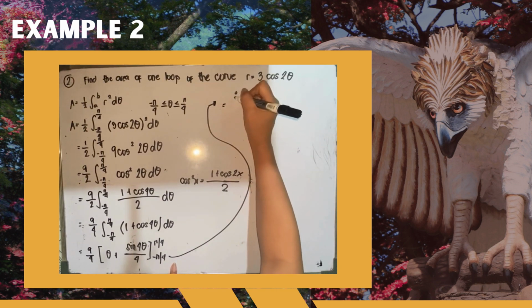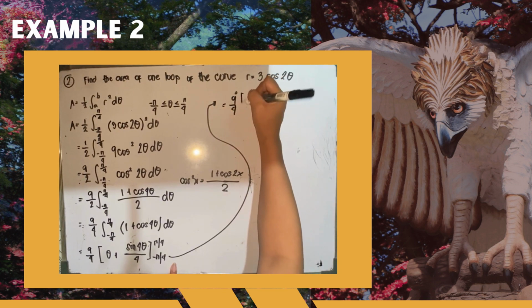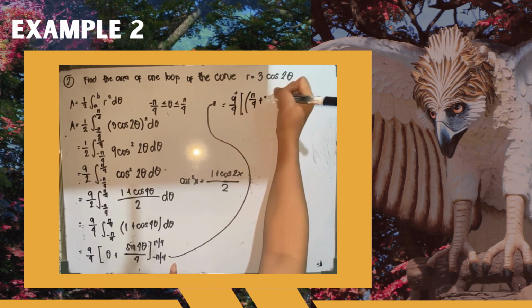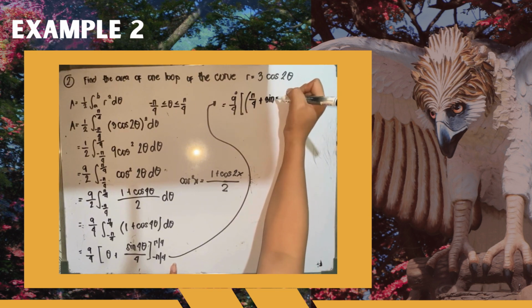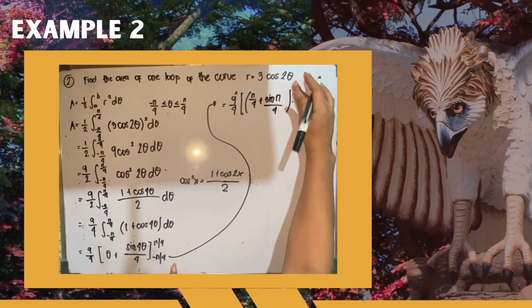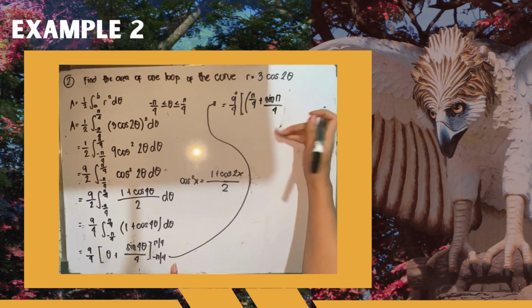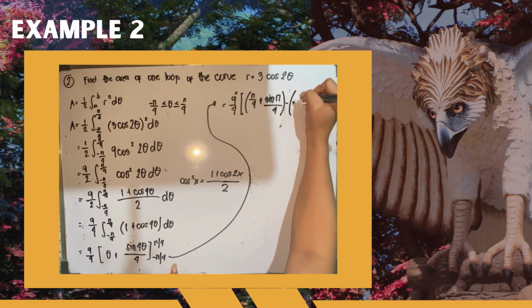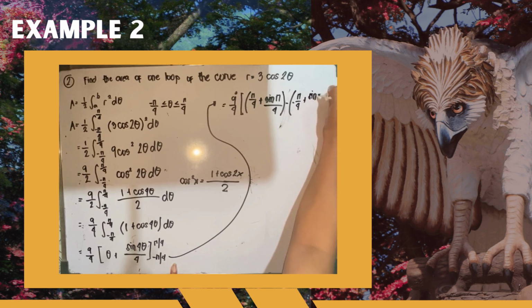It becomes 9 over 4 times pi over 4 plus sine pi, that sine pi is equal to 0. It becomes minus negative pi over 4 plus sine negative pi all over 4.